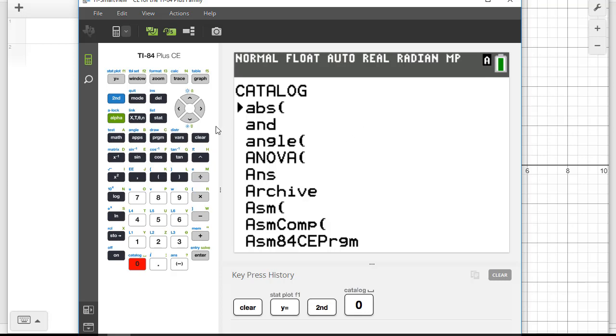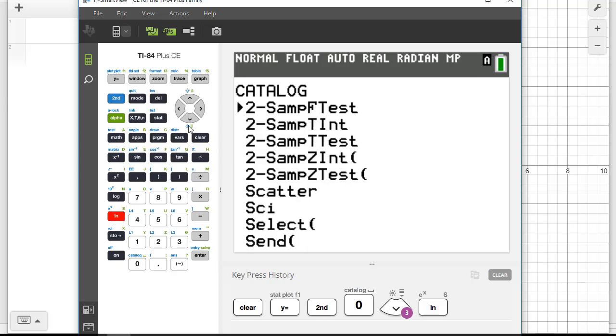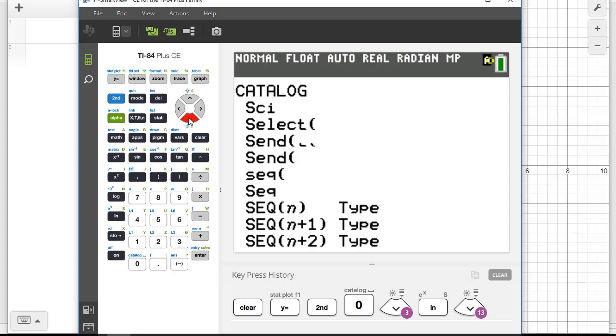So instead of having to hit my down button and scroll all the way to the letter S to graph hyperbolic sine, I can just hit the letter S on my keyboard. So we notice in green above the LN key is the letter S. So I'm just going to punch the LN key because I'm in alpha lock, and it's going to jump me to the S's. And then I can just scroll down until I find hyperbolic sine.